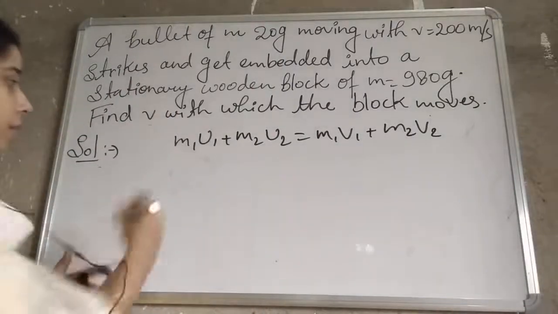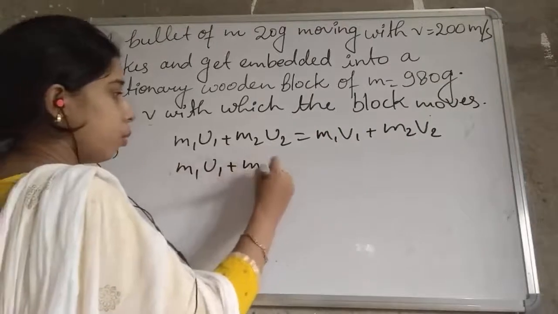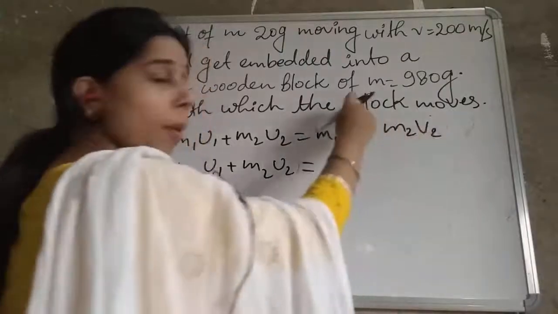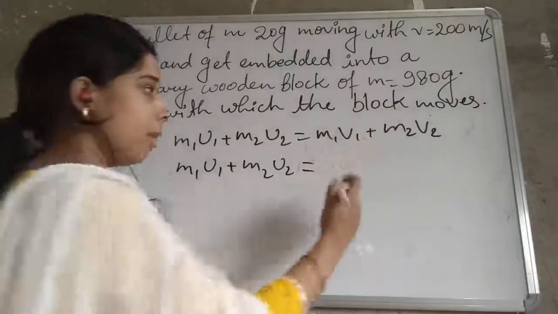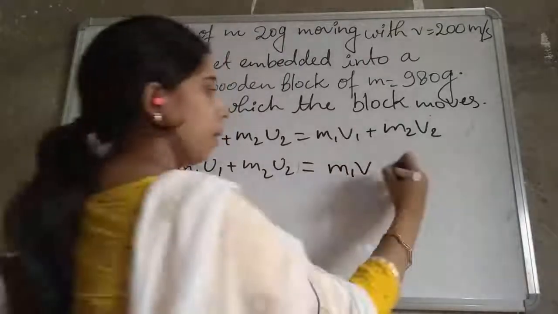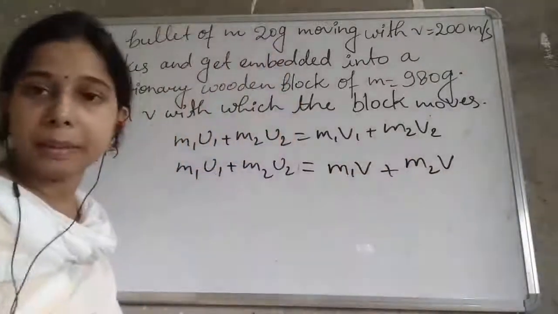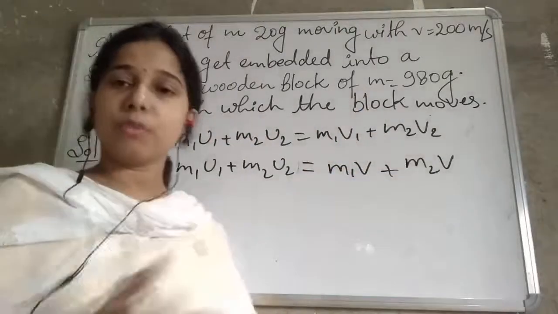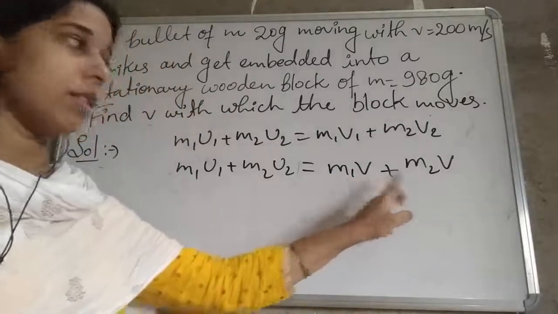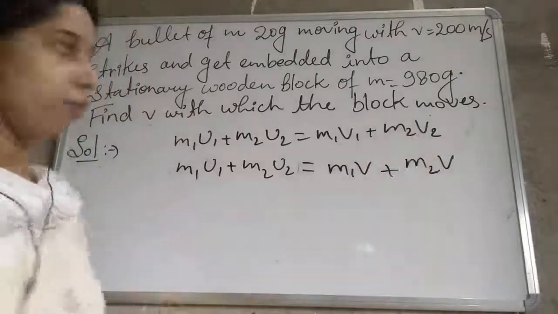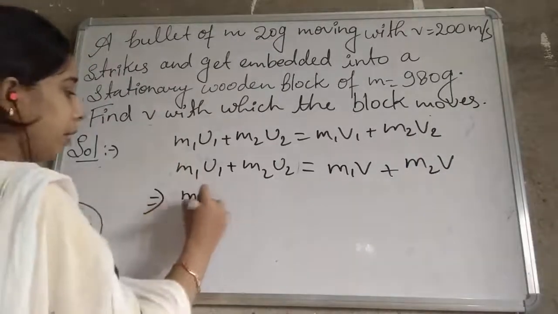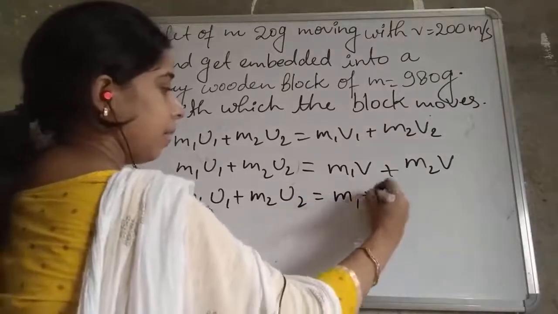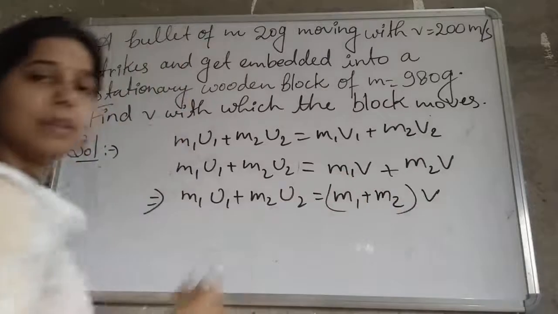Here, the final velocity of both of them is the same, so we can write m1 v plus m2 v. Here it is not v1 and v2, both of them are moving together. So we can write m1 u1 plus m2 u2 is equal to (m1 plus m2) v.